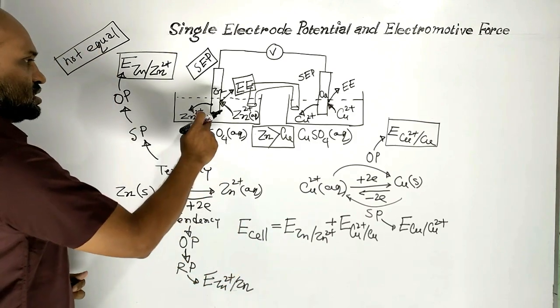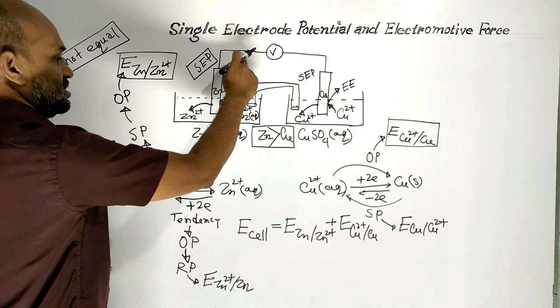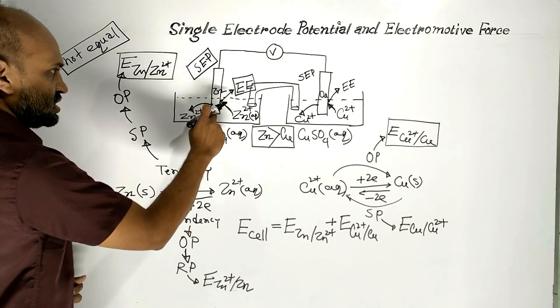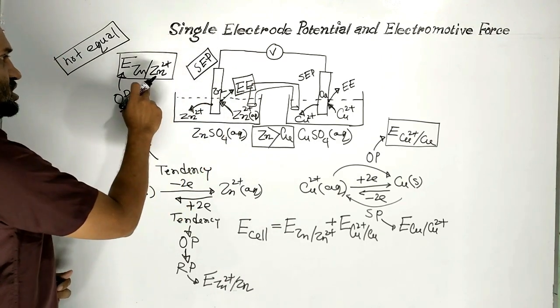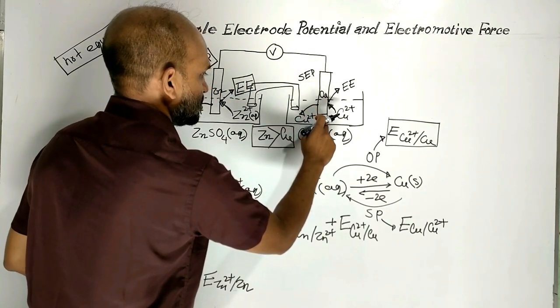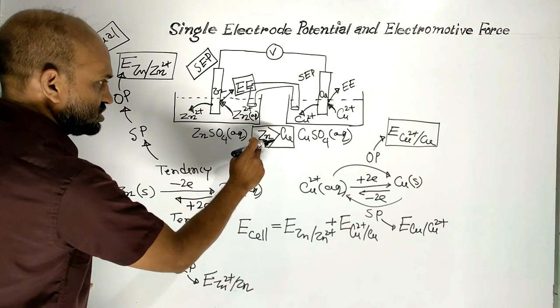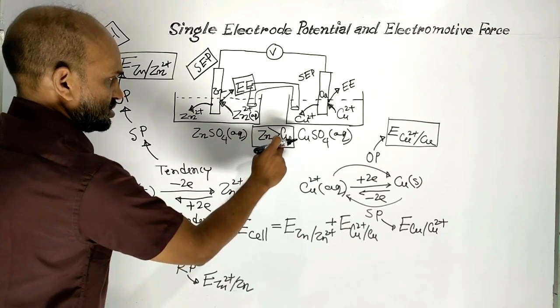When these two electrodes are connected with wire, in the zinc electrode only oxidation occurs, and in the copper electrode reduction occurs, because zinc is more reactive than copper.